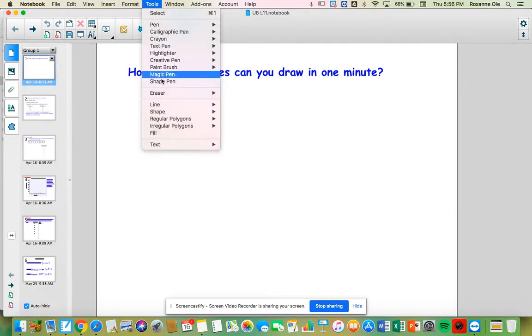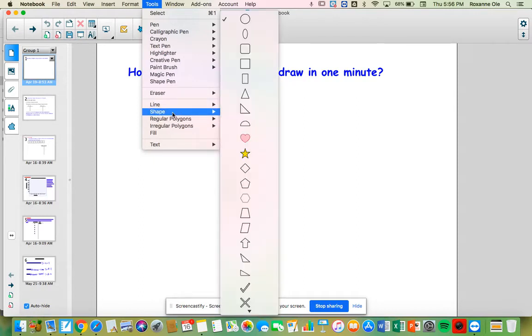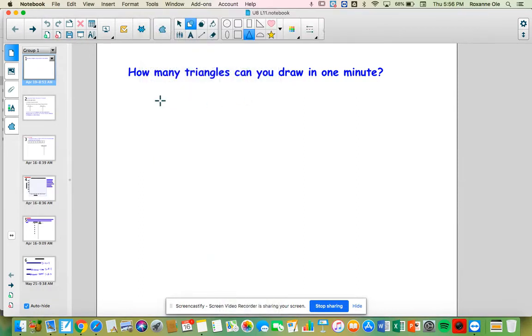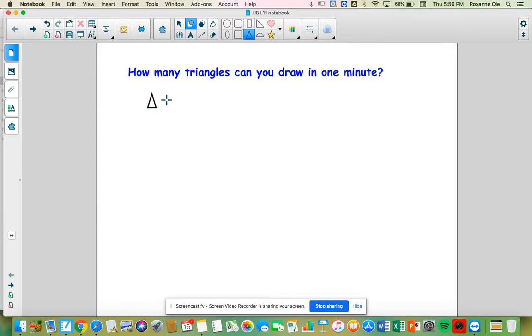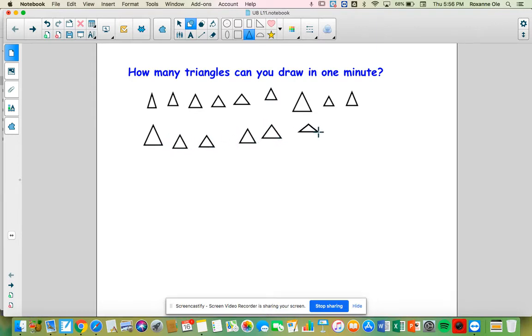Now, I'm going to cheat a little bit and use the triangle maker, but you're drawing it with paper and pencil. You can probably go faster, maybe, I don't know, but I'm just going to keep going, and you're going to keep going until a minute is up. Maybe you can beat my count of triangles.